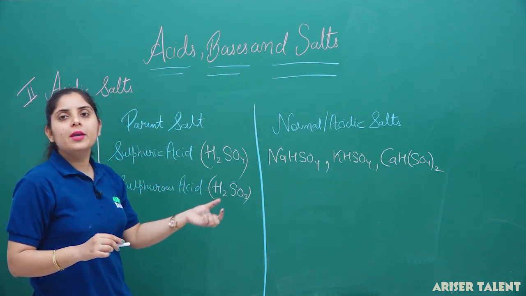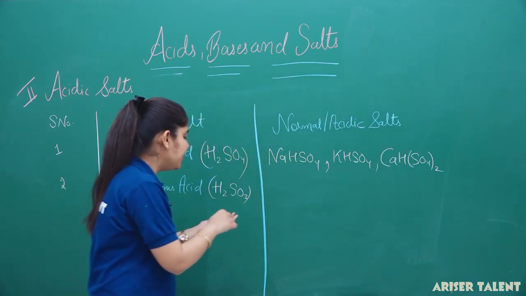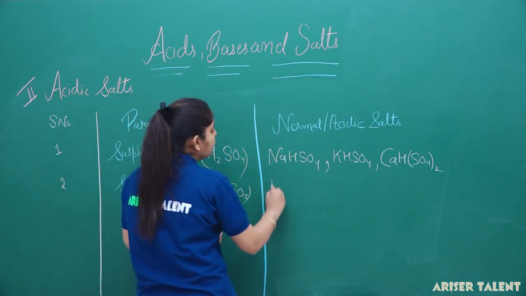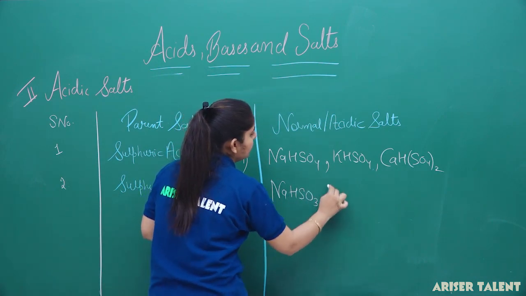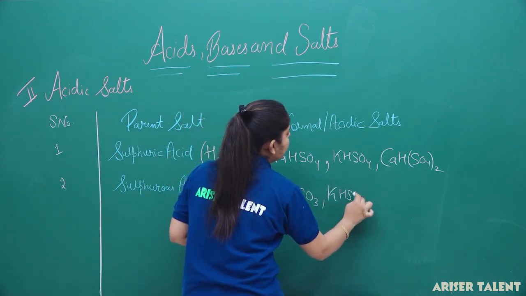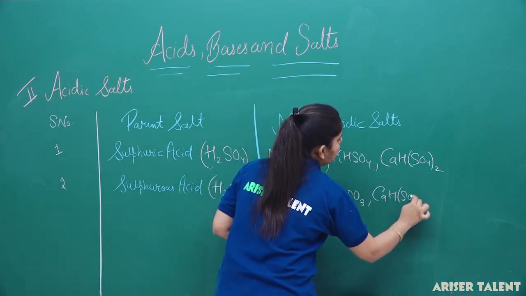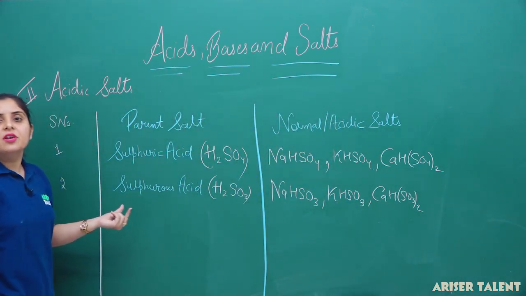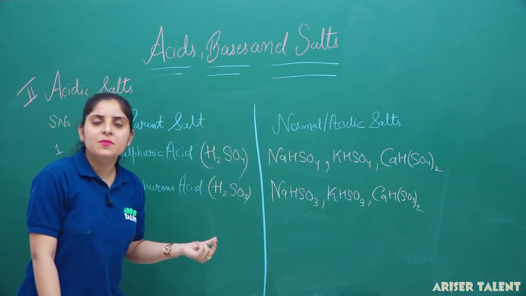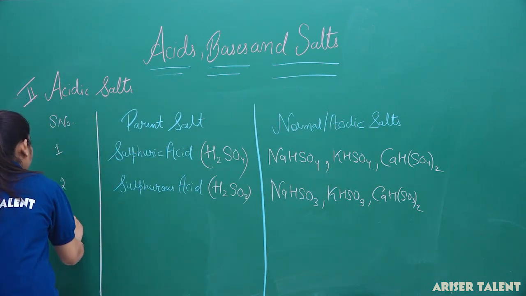Similarly, for sodium, potassium, calcium and many more metals, we can obtain the acidic salts as follows: NaHSO3, KHSO3, and Ca(HSO3)2. So these will be the general salts we can obtain from sulfurous acid.